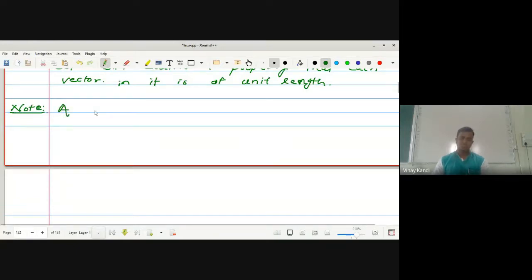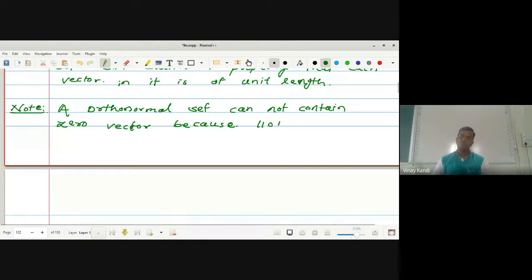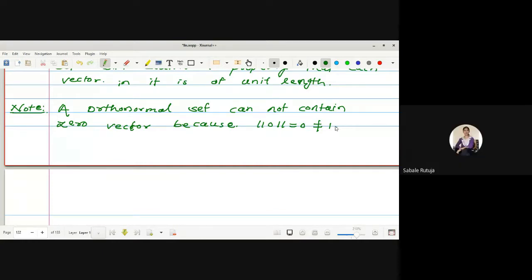An orthonormal set cannot contain the 0 vector, because the norm of 0 is equal to 0, which is not equal to 1. Okay, any doubt? No, sir.